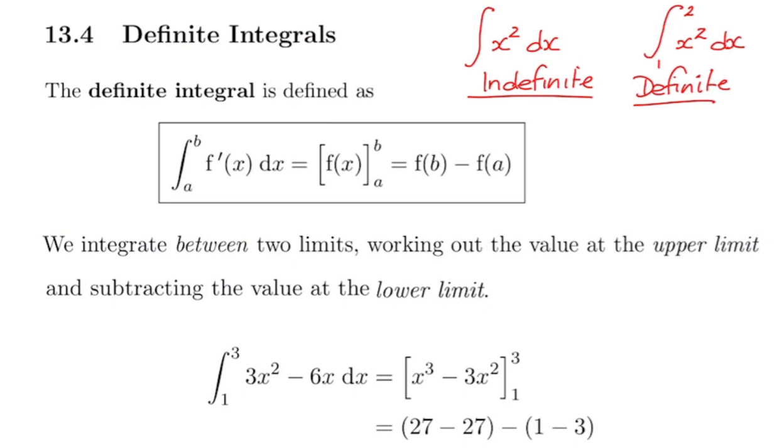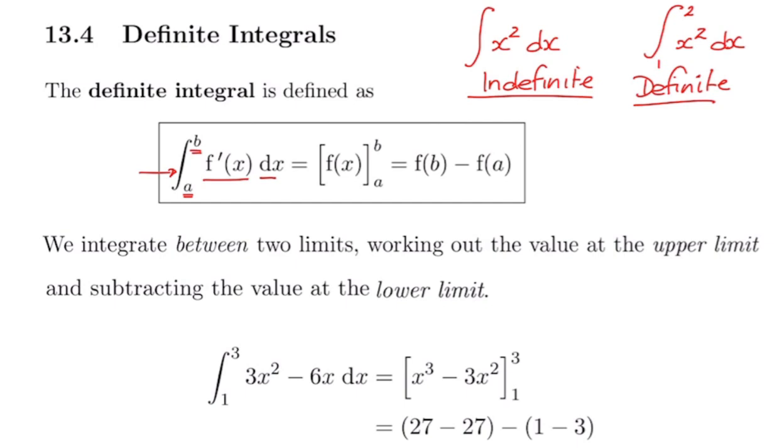So the definite integral is defined as the integral between the limits of a and b of f dash of x, which of course is our gradient function, with respect to x, equals, and then we go into square brackets. Square brackets are recognised across the mathematical community as meaning that you have integrated but not applied the limits.